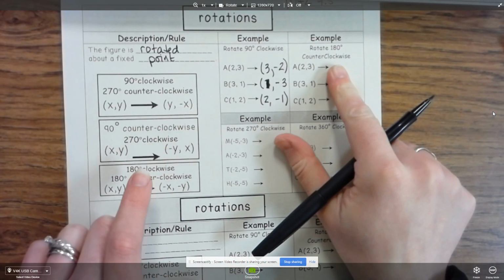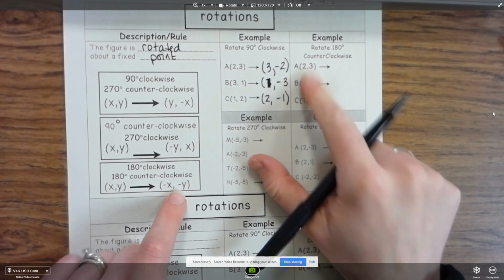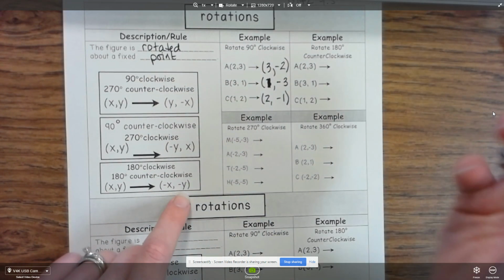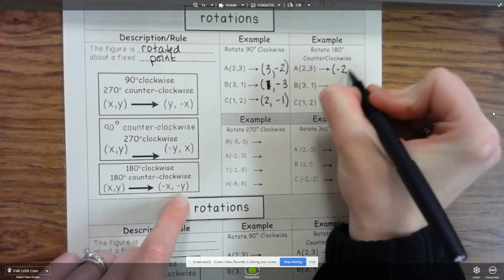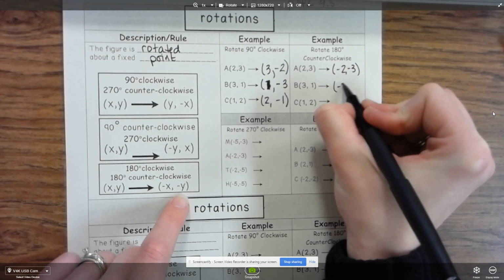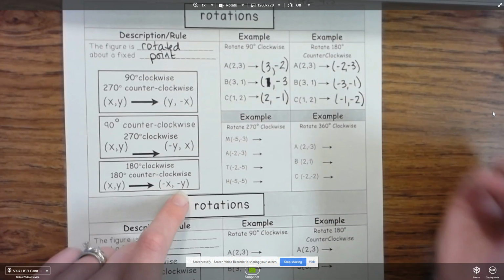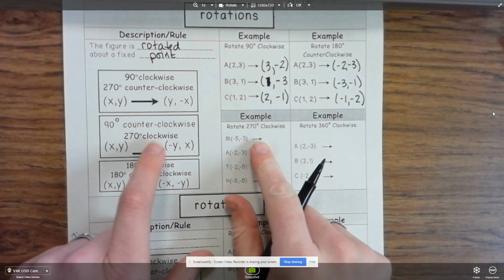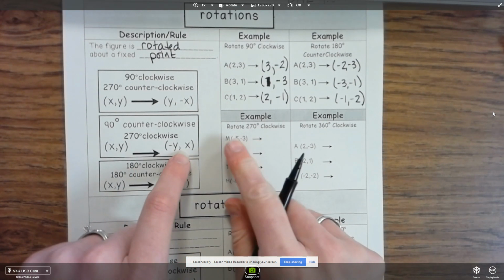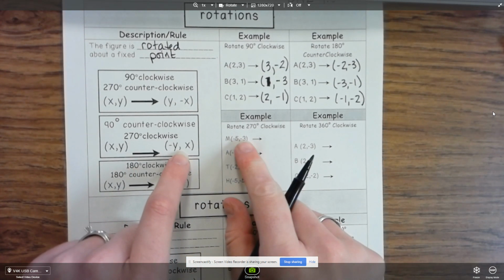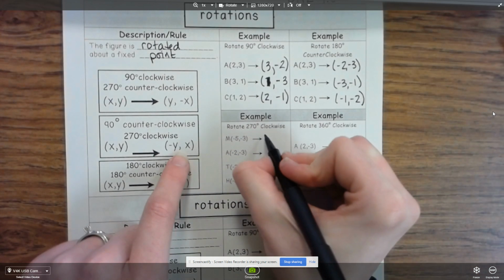All right, so 180 degrees counterclockwise, that's down here. Points stay in the same spot. We just change the sign of both points. Okay, then 270 degrees clockwise, that would be this rule. So now I'm taking the y's and they're becoming the x's, and I'm changing the signs.